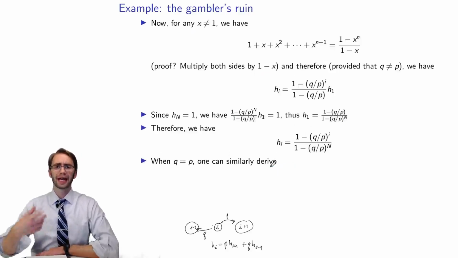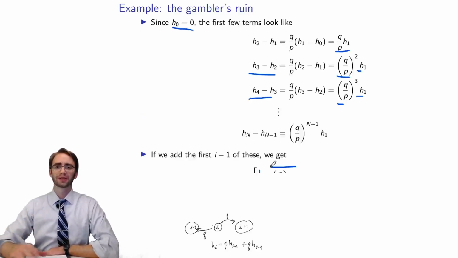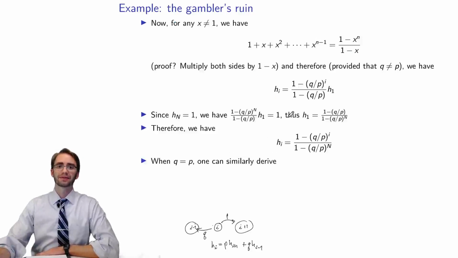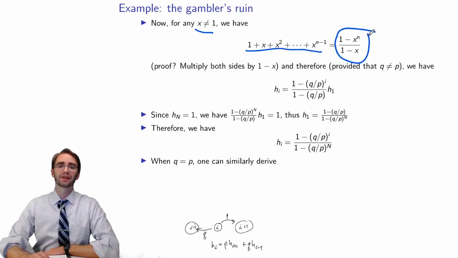So now I've reduced everything in terms of the initial value H1. And so what is true now? Now you do a power series. You'll use an observation, which is that for any x that is not equal to 1, the sum of the first n minus 1 powers of x is equal to this expression over here.